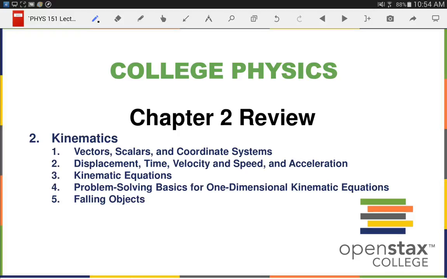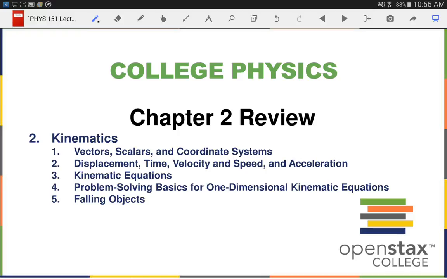What's the difference between a scalar and a vector? Scalar only has magnitude, vector has direction and magnitude. Okay, scalars only have magnitude. When we say they only have magnitude, that doesn't mean they don't have units. They still have units, because the units are part of the magnitude. 6 feet is different than 6 meters. But you have a direction if it's a vector. So I would have like 6 meters north. That's a vector.